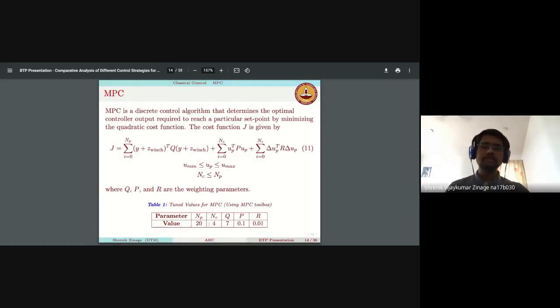So I kept NP fixed at 20, and 20% of that is 4. NC was dependent on that. So this is a trial and error method. We can get better results or poorer results, depending on how we choose these weights, NP, NC, Q, P, and R. Okay, so this is what I did using a trial and error approach.